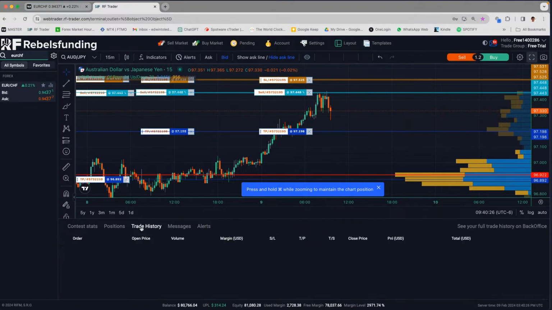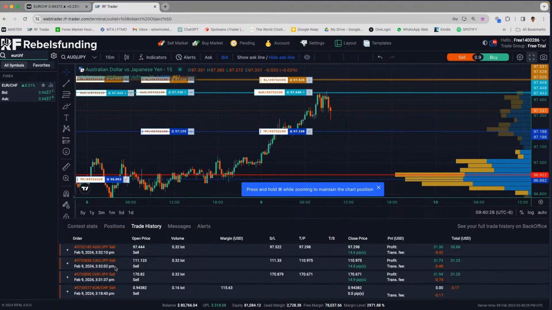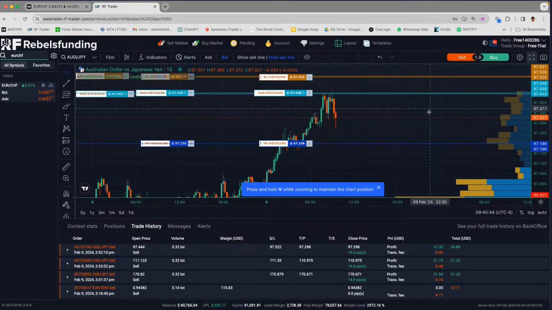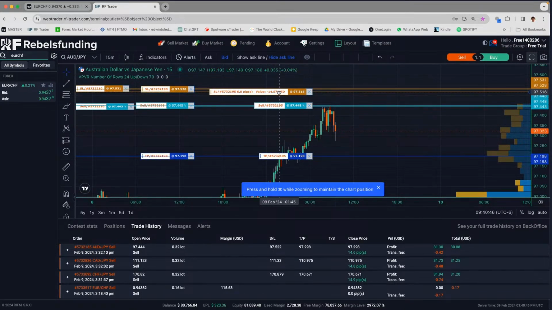Let's go to trade history, and we can see that AUD Gen, CAD Gen, and CHF Gen took profit, take profit one. So AUD Gen, let's go and, which is this one, make sure we are at 5 pips risk.